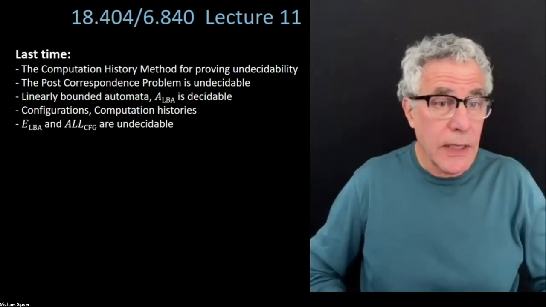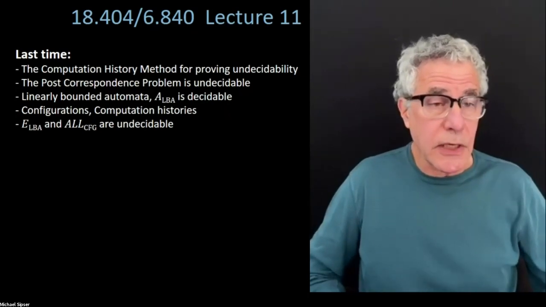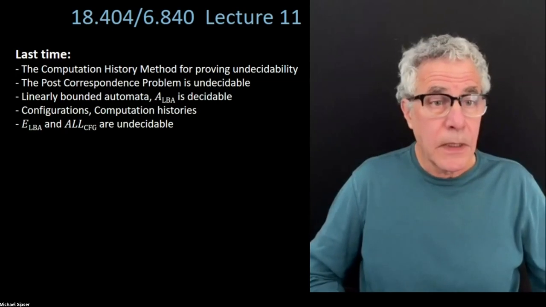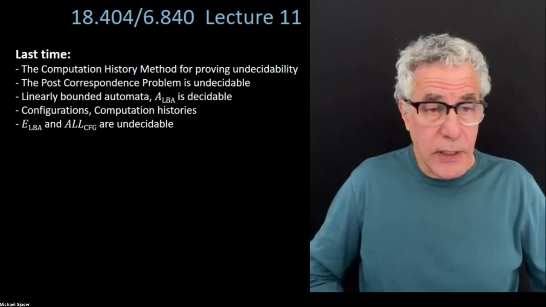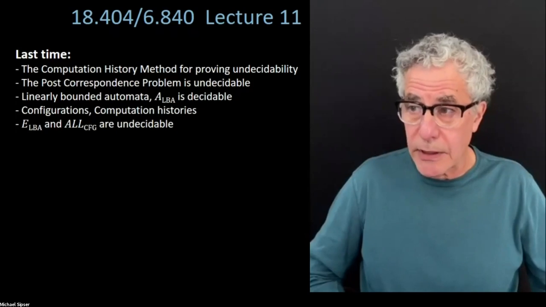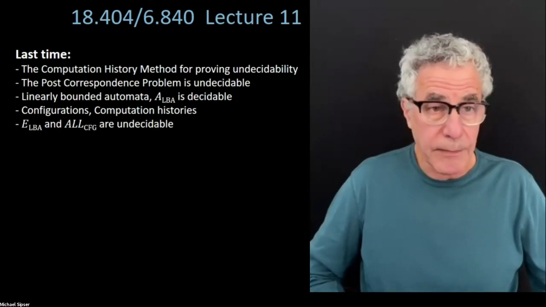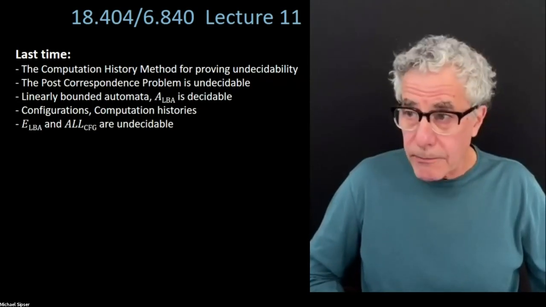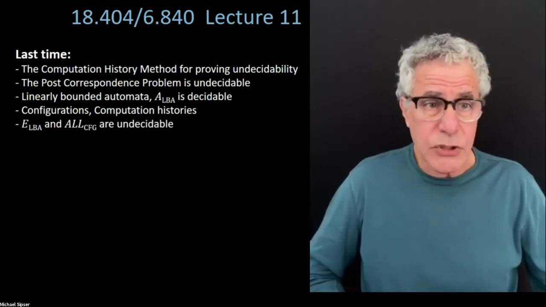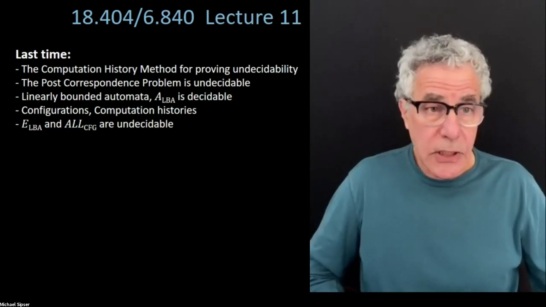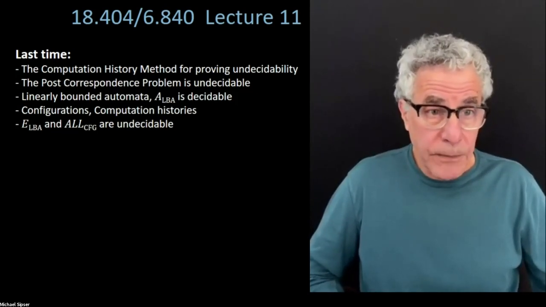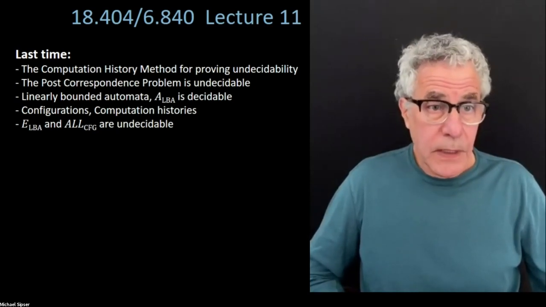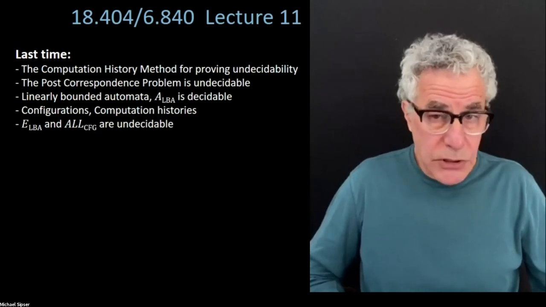We talked about this more advanced method of proving things undecidable last lecture called the computation history method, which comes up in all sorts of proofs of undecidability, usually more complex ones, such as, for example, the proof of Hilbert's 10th problem that I mentioned, if you want to test whether a polynomial has a solution in integers. It's a reduction from ATM, just like we've been doing all along.